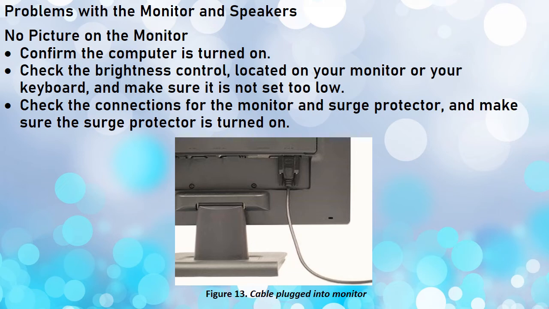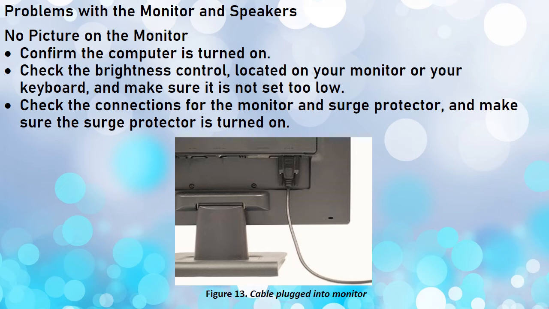Then also check the brightness control located on your monitor or your keyboard and make sure it is not set too low. We need to set our brightness control to an average brightness.